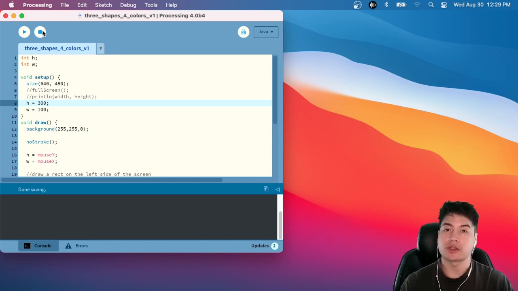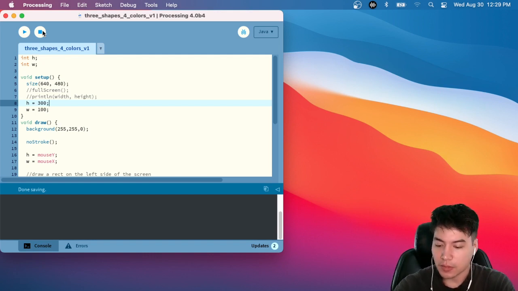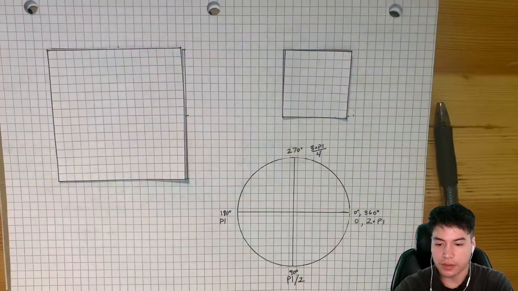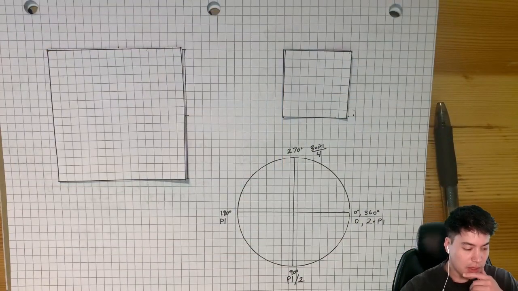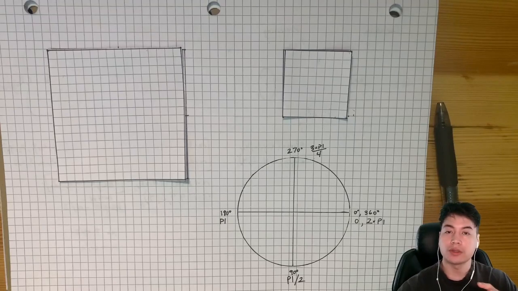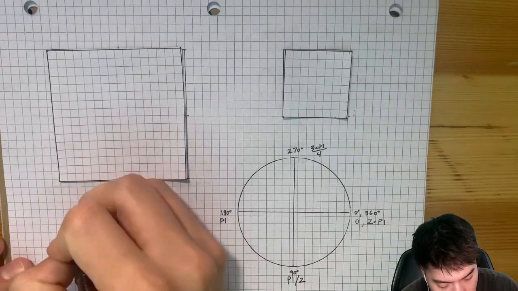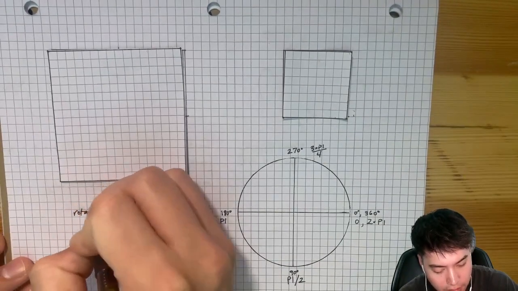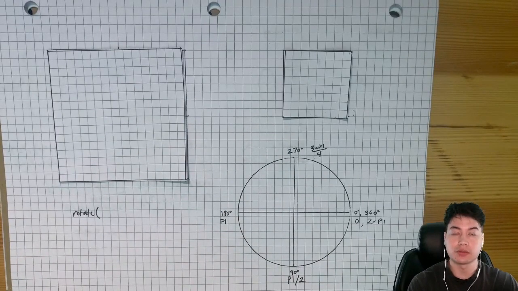Let's change gears for a second and look at how we are going to rotate shapes in our sketches. So let's go over here and take a look at a few things. In Processing, we are going to use the rotate function. So I would just write something like rotate, open parenthesis, and then I have to tell Processing to what degree I want to rotate.